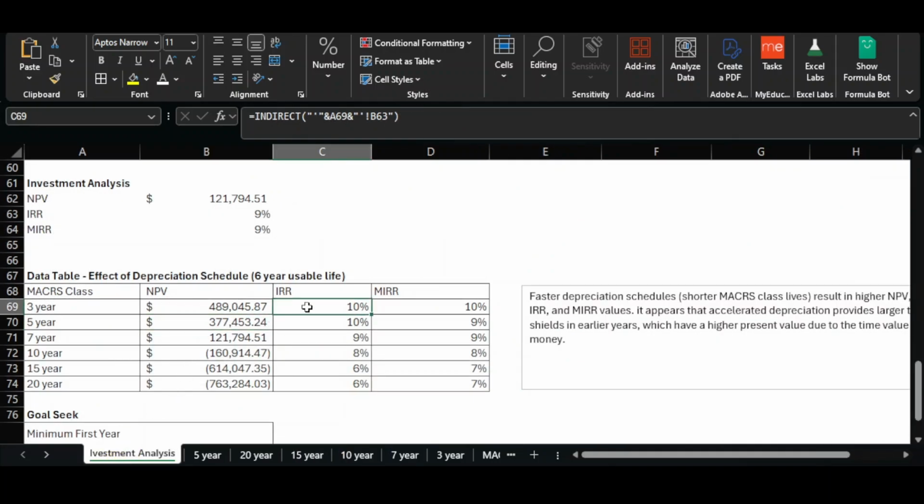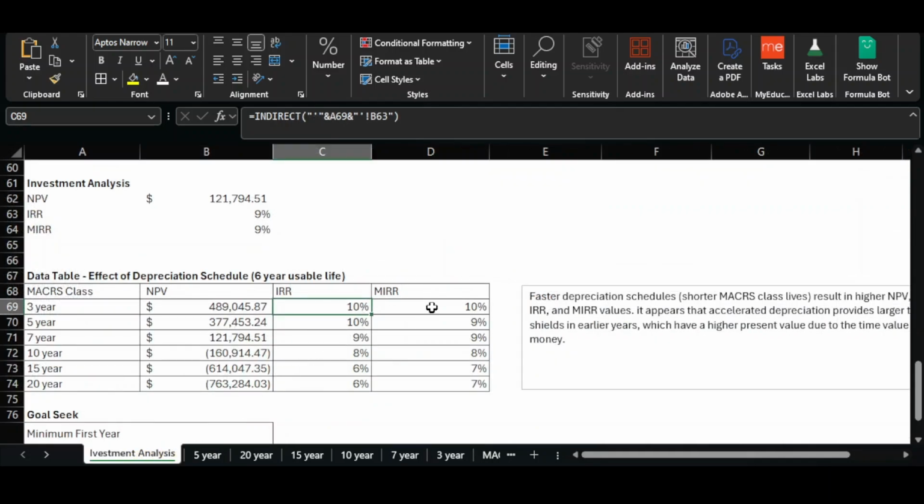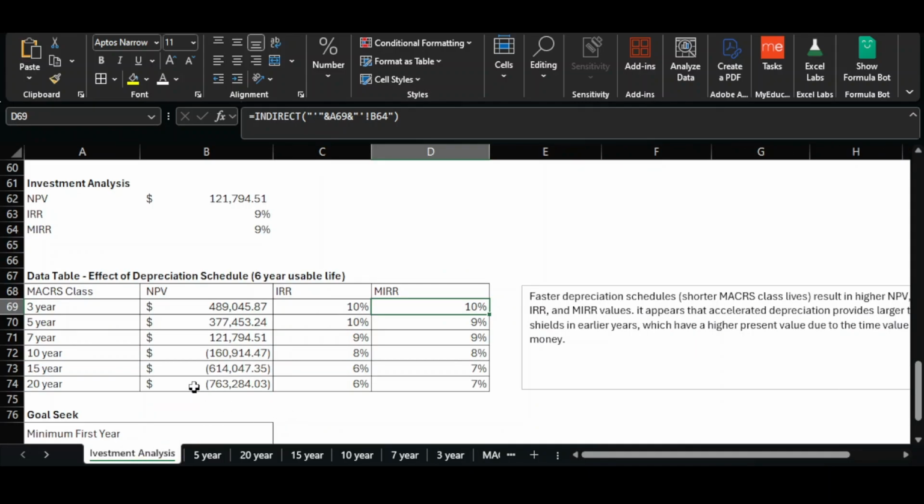And then for IRR, go to 3-year and refer to B63. For MIRR, refer to B64 of whatever sheet that refers to. See, it's B64. Okay, B64. So going back, once you're done, you just fill them as needed, and after doing so, you should get exactly like this. Okay.